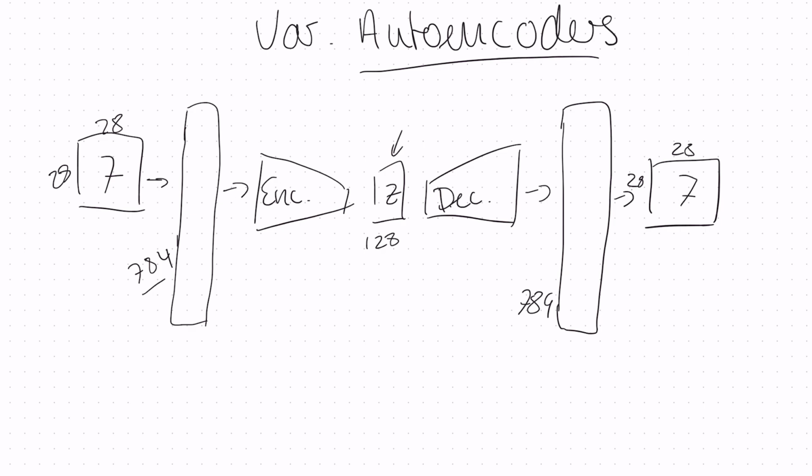So why did we do any of this? Well, the reason is that after we trained this autoencoder, we have this latent vector. And the latent vector contains just enough information to reconstruct the original image while being significantly smaller than the original image.